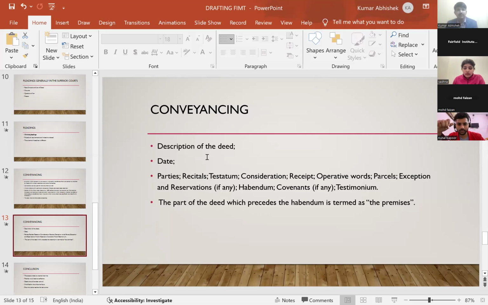Then thereafter you elaborate the details about the property, the manner in which the transaction is to be executed, and if there are any exceptions or reservations. Say if you are making a conditional sale of any particular thing, then that also has to come on record. Obviously, if there is a conditional sale, that has to be subject to the laws, and no agreement between two parties can be illegal.